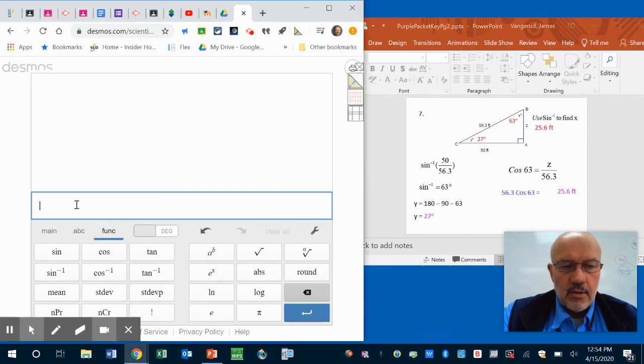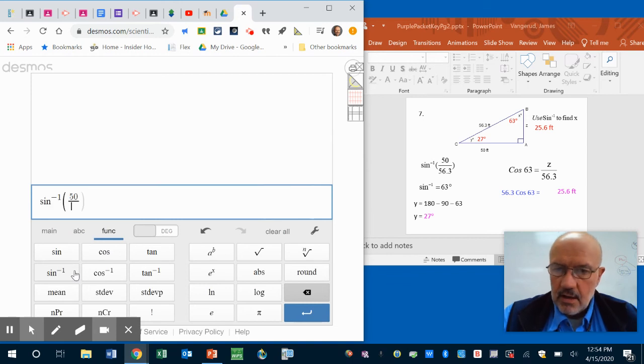All right, so we had second, or I keep saying that because on all the calculators I've used in the past, you had to hit second first before you could use that inverse sine. 50 divided by 56.3. Harder to change as you get older. You'll see that as you age. All right, 63 degrees. So then we can figure out 180 minus 90 minus 63 equals 27. So there's two angles right there.